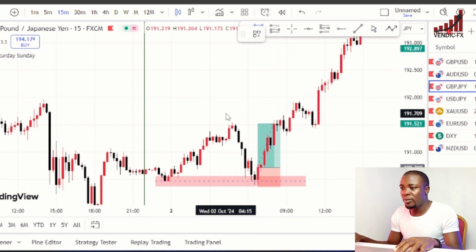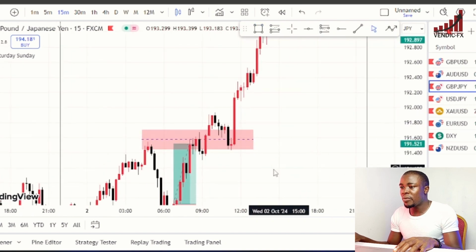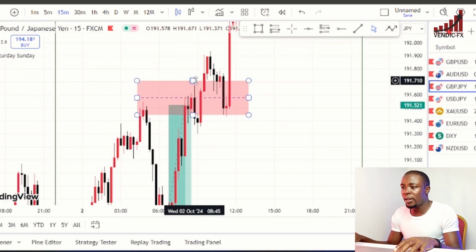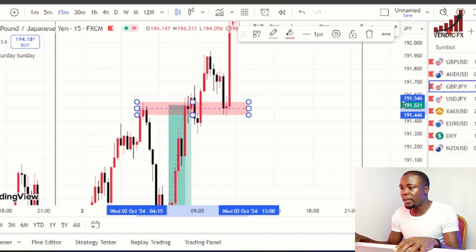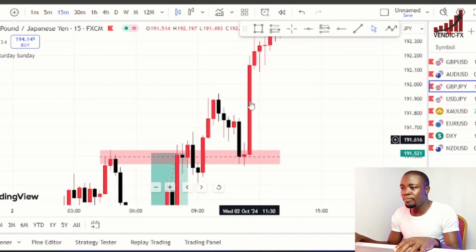And this was another one. After we break the previous low, we create a higher high. We now wait for another form of rejection from here, and then the same pattern plays out again. We have a bearish move, an indecision candle, and then a bullish move.